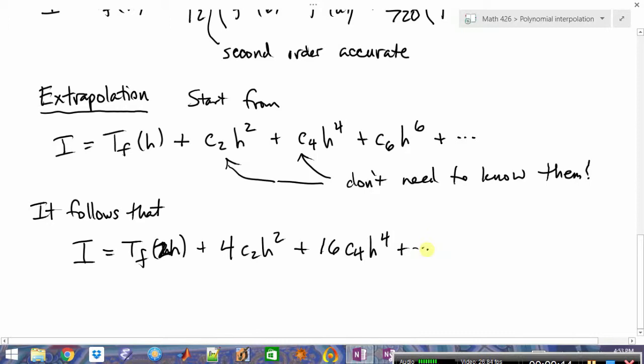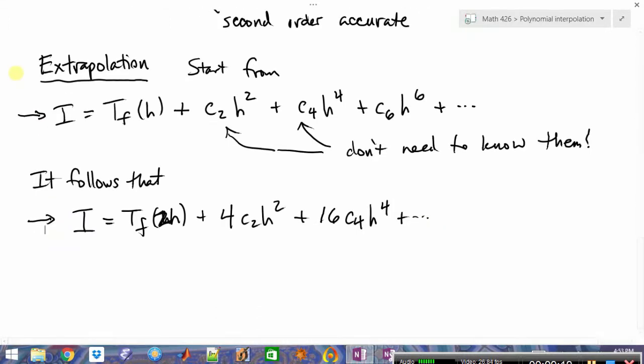And now you look at these two lines and you say, aha, I have an opportunity to get rid of that h squared term.